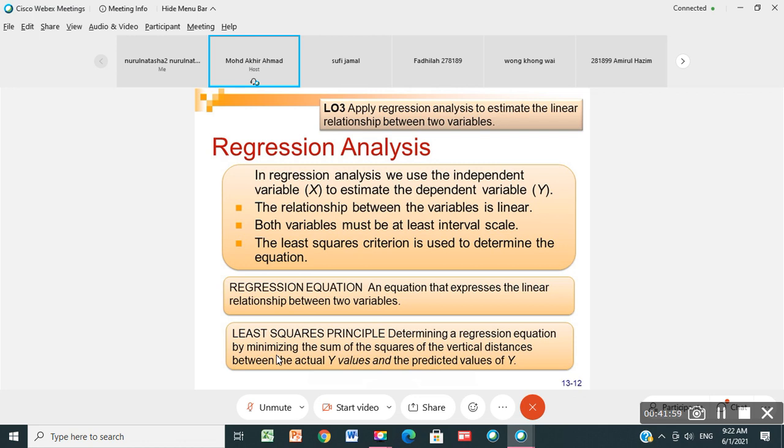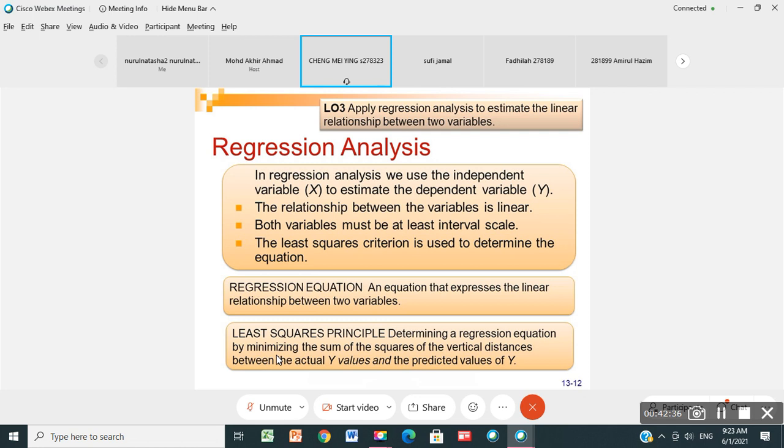Now we learn about regression analysis. This one, the second topic, regression analysis. Can I ask Cheng Ming to read slide 12? Regression analysis. In regression analysis, we use the independent variable x to estimate the dependent variable y. The relationship between the variables is linear. Both variables must be at least interval scale.